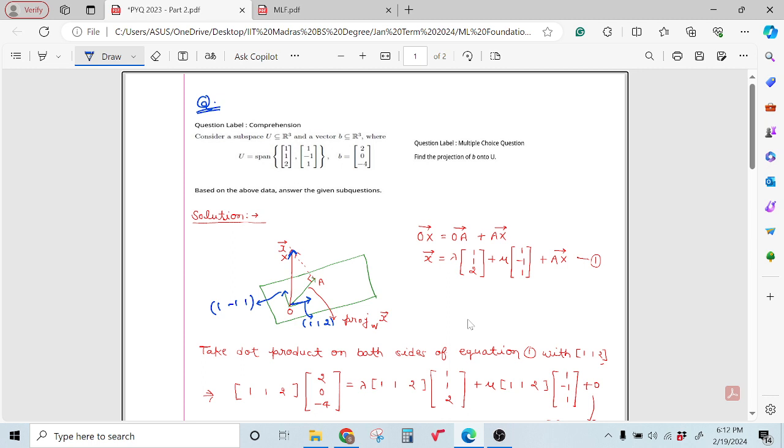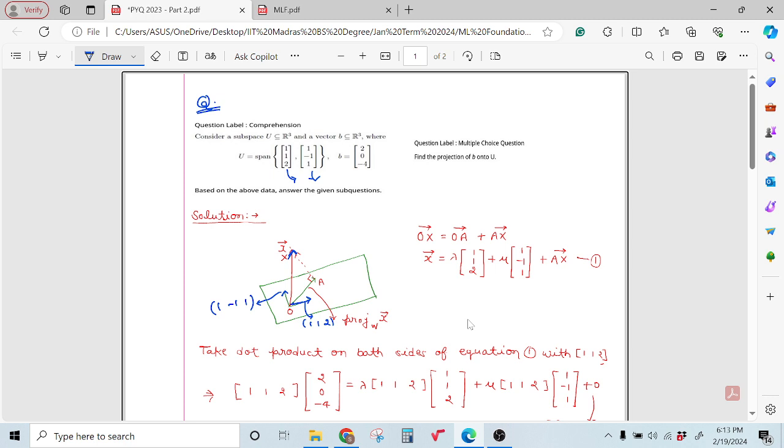So I have assumed the coefficients are lambda and mu, which is lambda times 1 1 2 and mu times 1 minus 1 1, equal to vector OA, because any vector in this plane is a linear combination of these two vectors, plus AX vector.